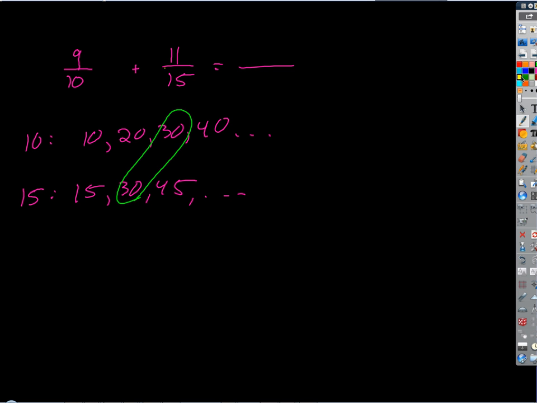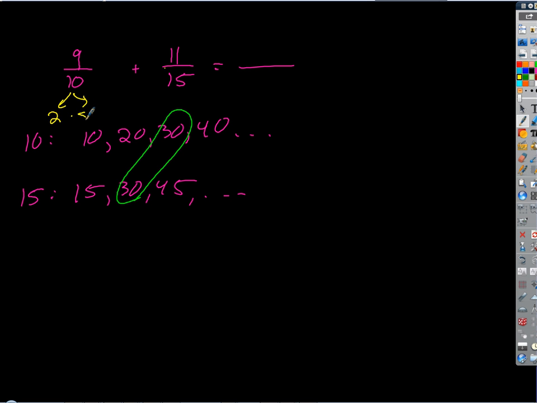So here's another way of doing it. What if, let's think about this in terms of the prime factors of the denominators. So another way we could do this is we could say 10 breaks up into a product of what prime factors? 5 and 2.